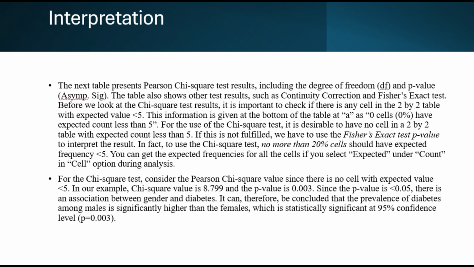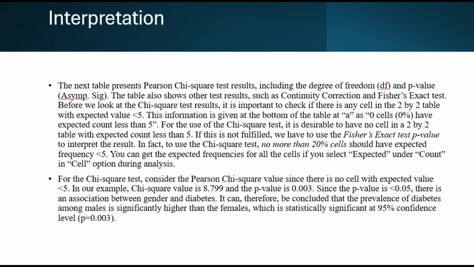This information is given at the bottom of the table, as 0 cells, 0%, have expected count less than 5. For the use of the chi-square test, it is desirable to have no cell in a 2x2 table with expected count less than 5. If this is not fulfilled, we have to use the Fisher's exact test p-value to interpret the result. In fact, to use the chi-square test, no more than 20% of cells should have expected frequency less than 5.